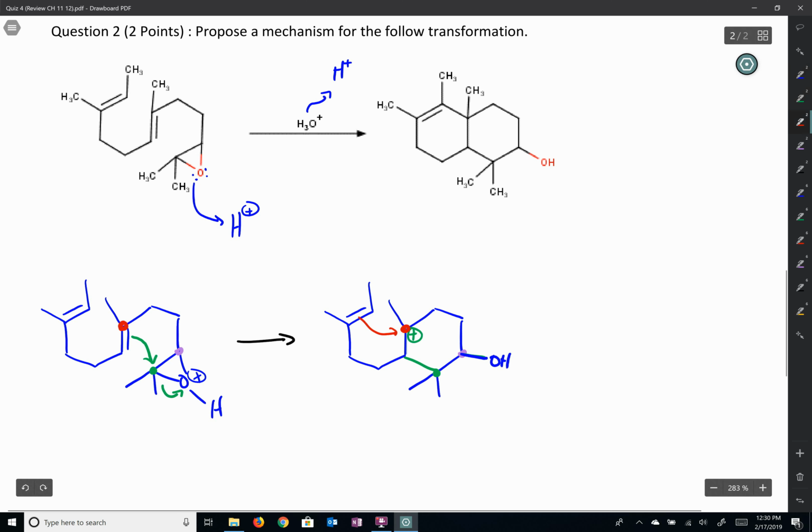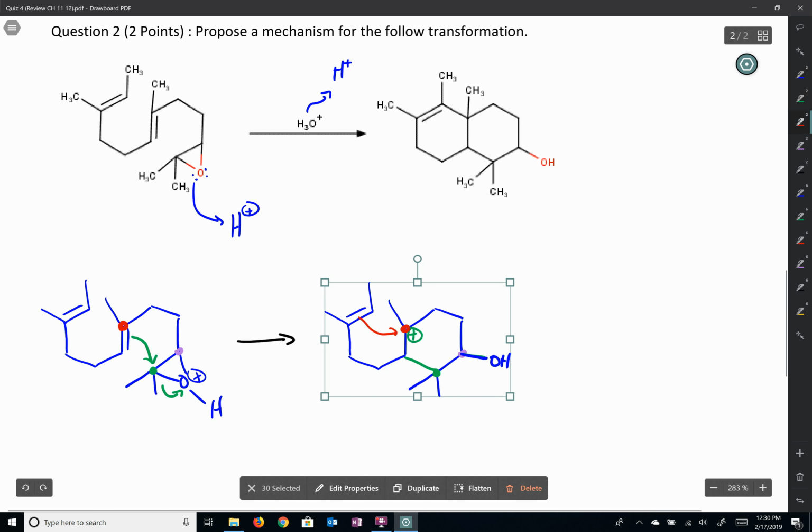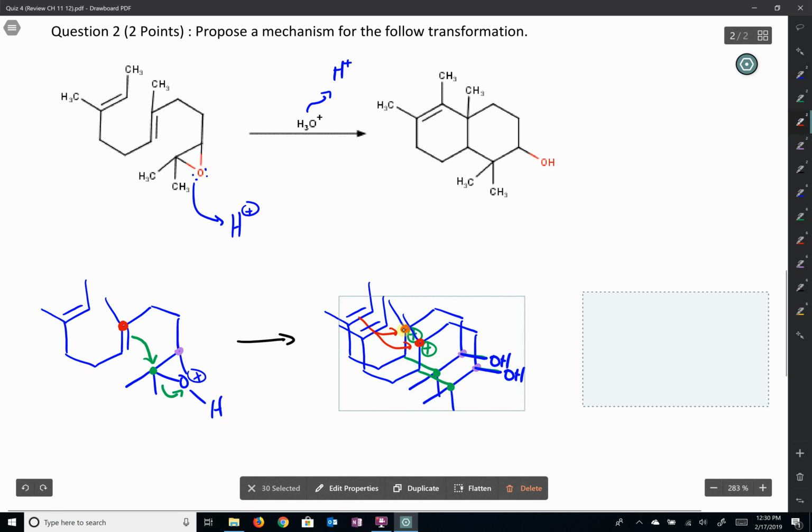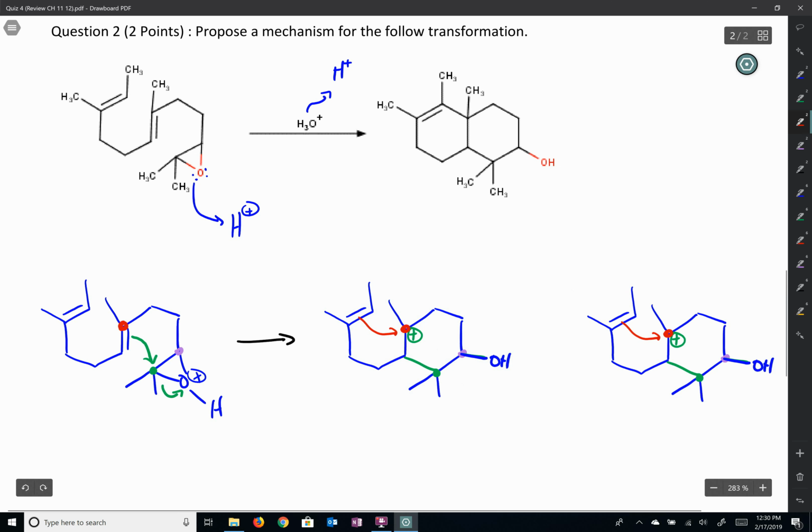So now we're going to swing open over here. Right, that pi bond is going to swing over. I'm going to duplicate again here. Right, and then I'm going to draw what happened, the consequences of our actions, right? Oops, that didn't turn out very nice.